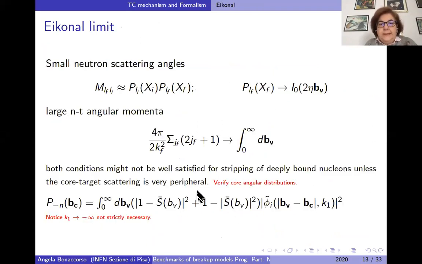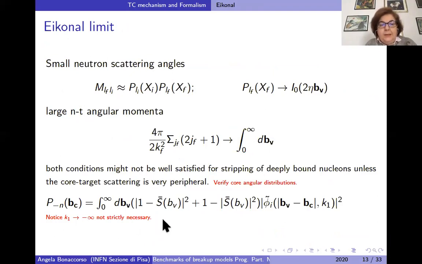Having done this, one can still do another approximation, go to small neutron scattering angles, and then the sum over partial waves becomes an integral, this time on the valence particle impact parameter, while before we had the other integral on the core target impact parameter.